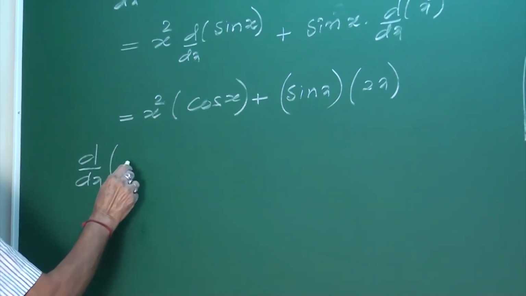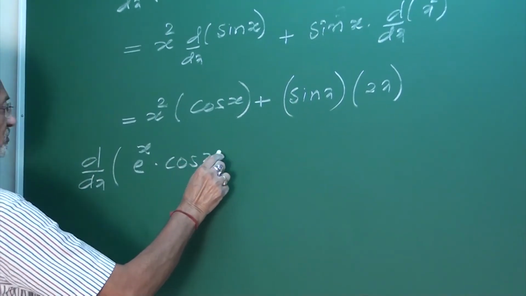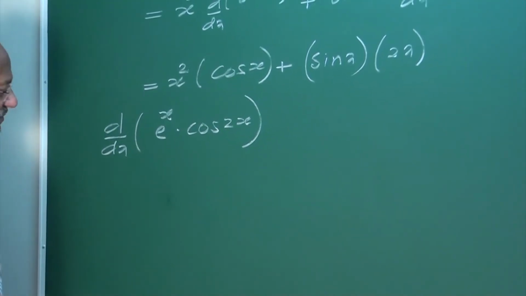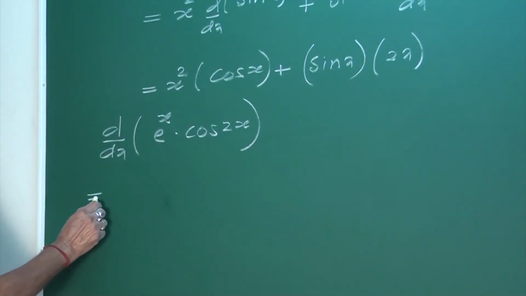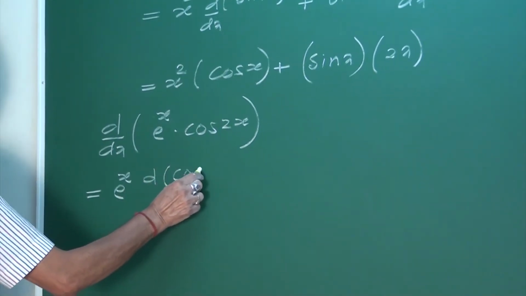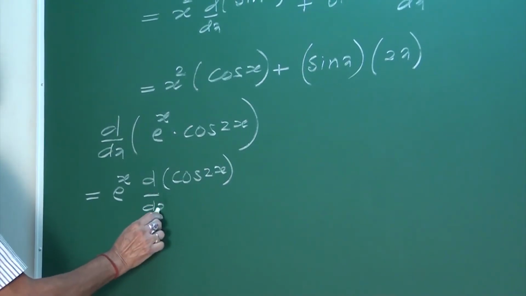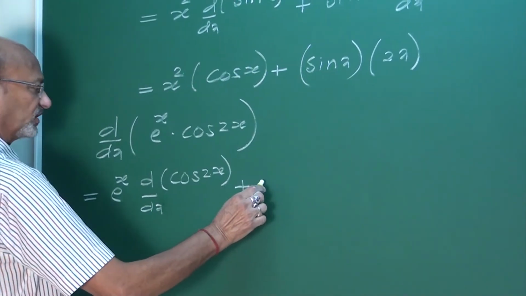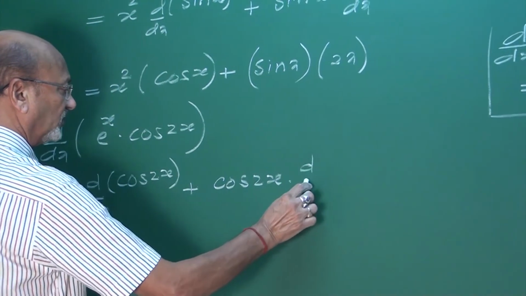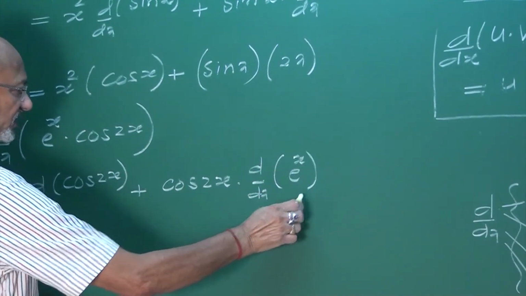Find d by dx of e to the power x into cos 2x. First function as it is, into the derivative of cos 2x with respect to x, plus cos 2x into the derivative of the first function e to the power x.